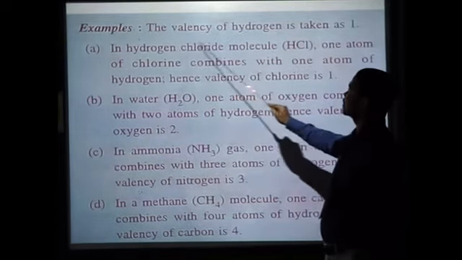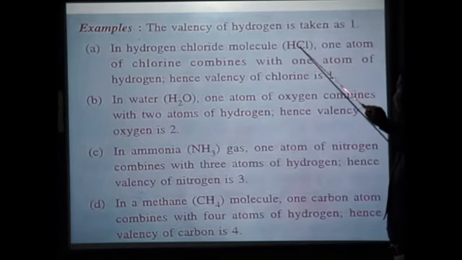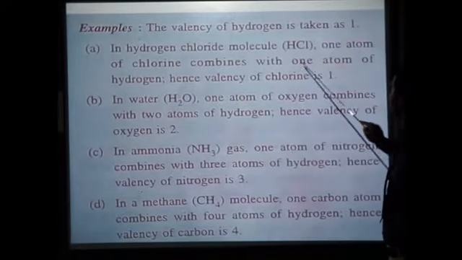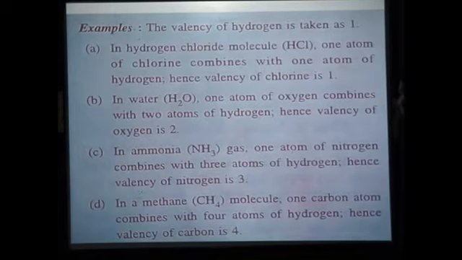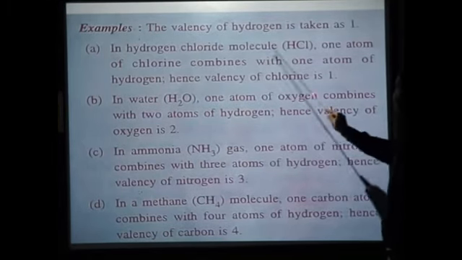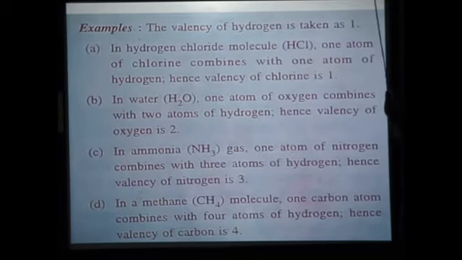So in the hydrogen chloride molecule, what is the formula? HCl. 1 atom of chlorine combines with 1 atom of hydrogen. Hence, valency of chlorine is 1. In HCl, how many hydrogens are there? 1. So valency of chlorine is 1 because the valency of hydrogen we know is 1.